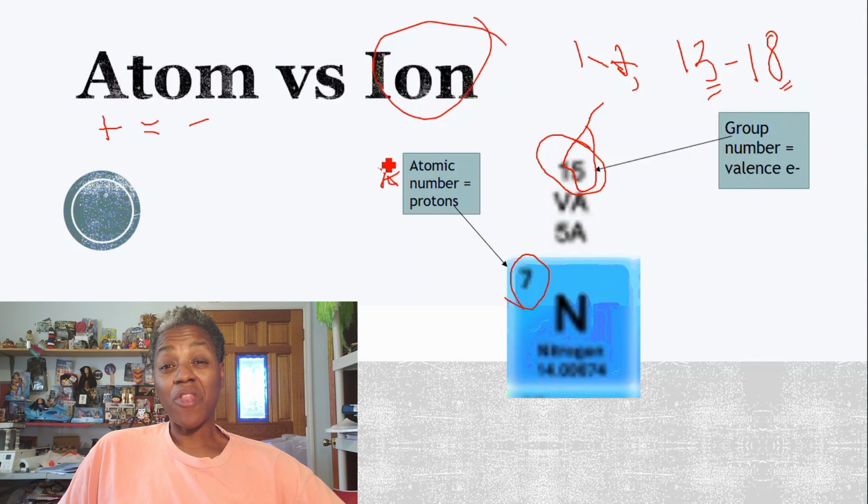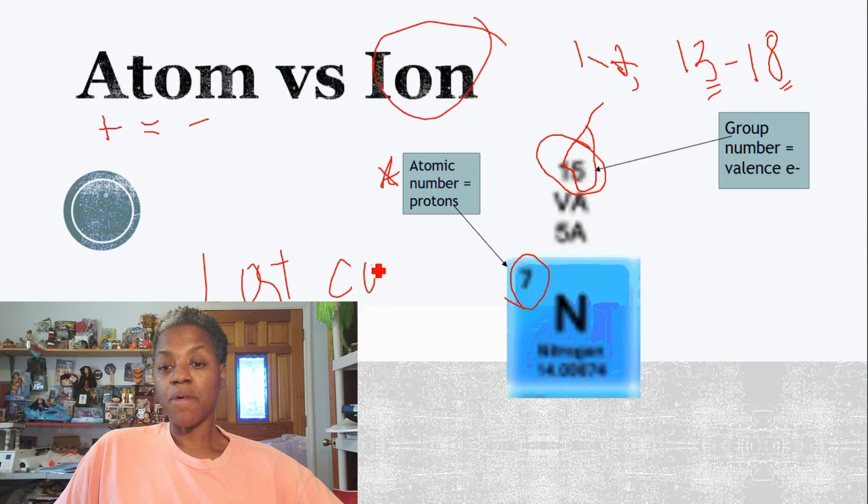And I hope you recall that the valence electrons are the electrons that can be lost to form cations, which have a positive charge, and gained to form anions, which have a negative charge. That's an A. There we go. Anion.